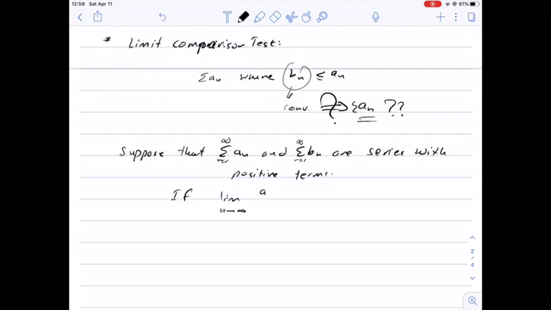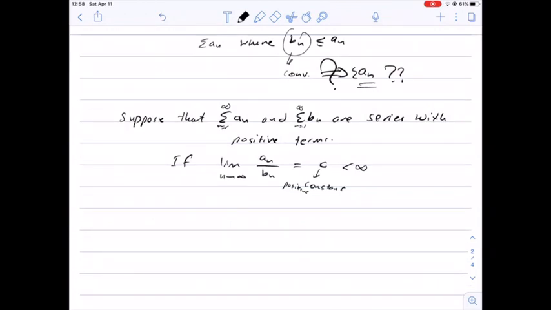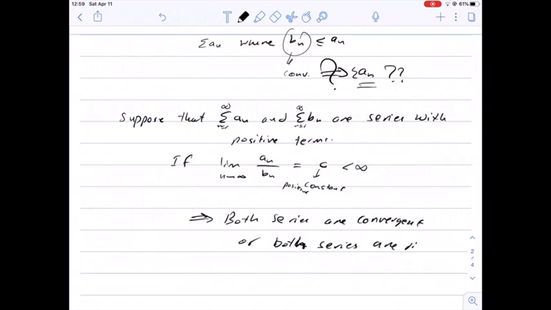Now if the limit of the ratio a sub n over b sub n is equal to some positive constant, some constant that's for sure less than infinity, any number greater than 0, then both series are convergent, or both series are divergent.